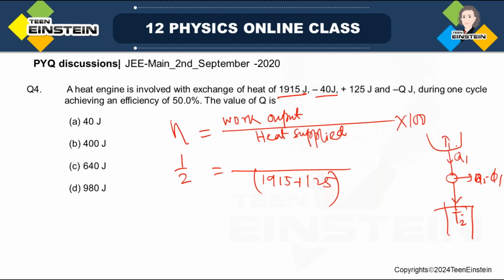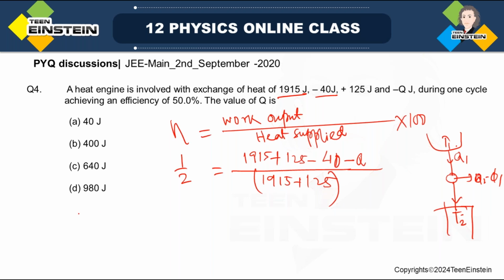If you add the positive ones, and then 40 minus Q joule, so this is actually the work done.